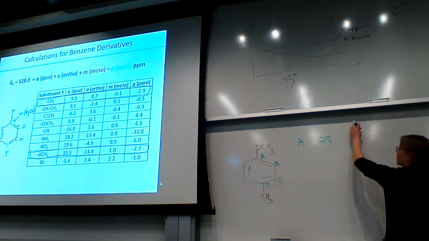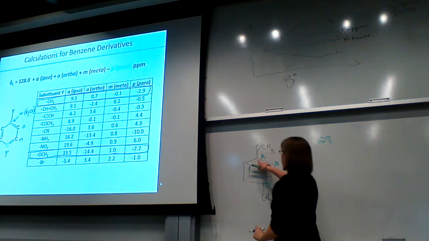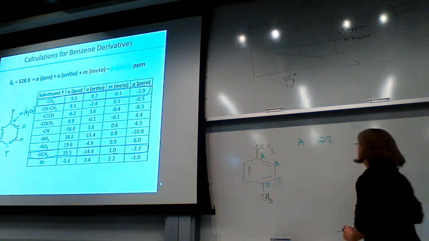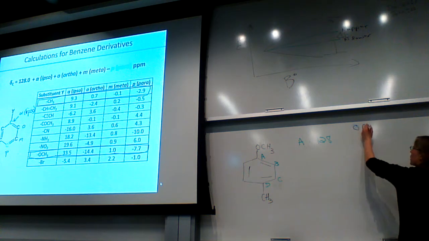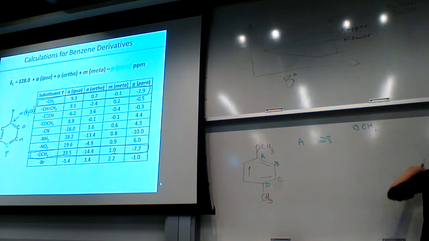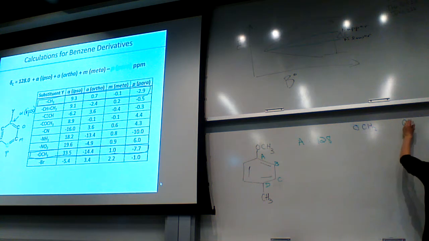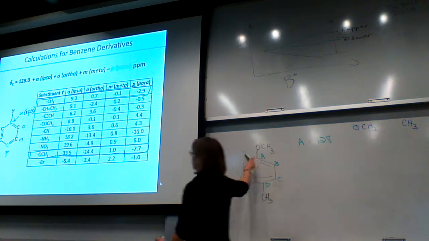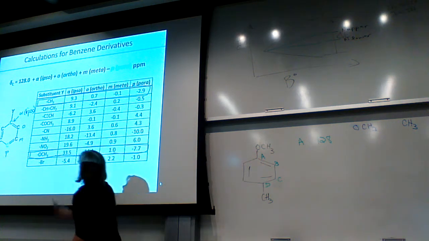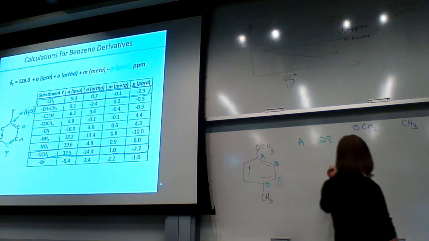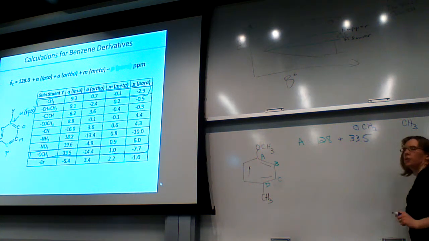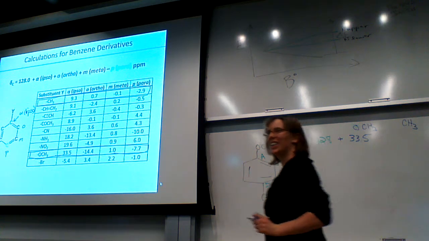How do you pick which one is ipso? We're just going to look directly at A, so we're looking at carbon A right now, and so it's what's attached to it. So we have an OCH3 group and we have a CH3 group. The OCH3 group is ipso, so we're going to add 33.5 to the base value of 128.